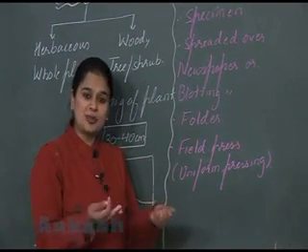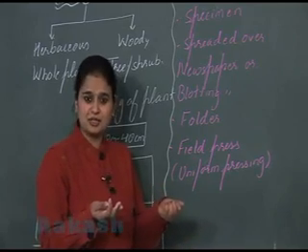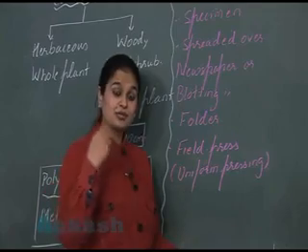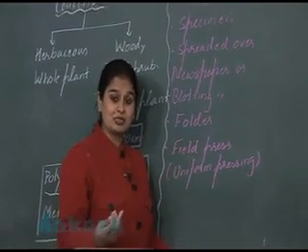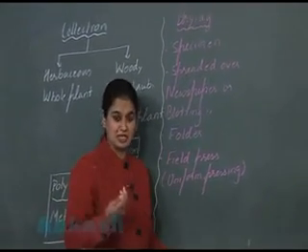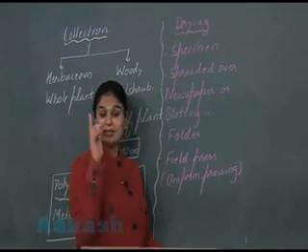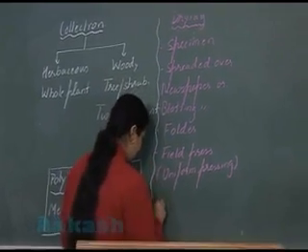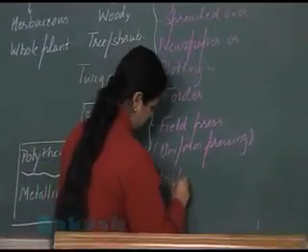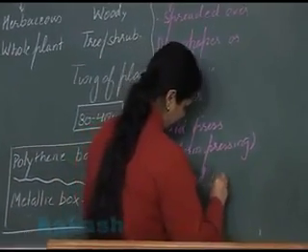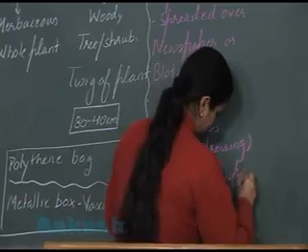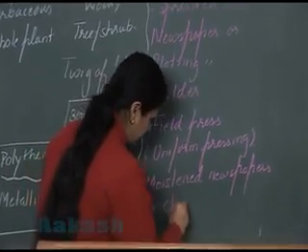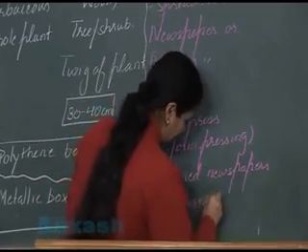Now these newspapers, when they absorb the moisture, become wet, moistened. So these moistened newspapers should be repeatedly changed, otherwise there can be pathogen attack. Okay, so the moistened newspapers are changed repeatedly.